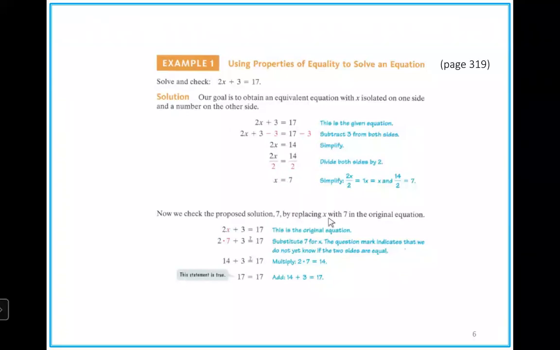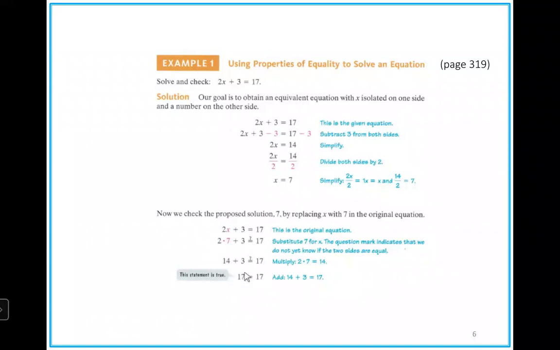And it's always useful to check your answers. You could check it by putting 7 in place of x in the equation. This is the equation you started off with, 2x plus 3 equals 17. If you put the 7 in place of x, 2 times 7 plus 3, 2 times 7 is 14, 14 plus 3 is 17, 17 equals 17, which is a true statement.